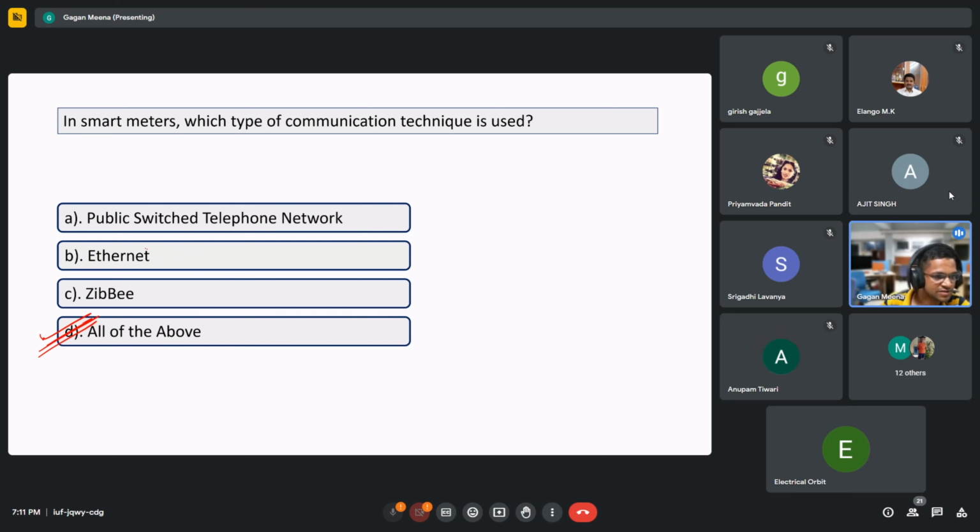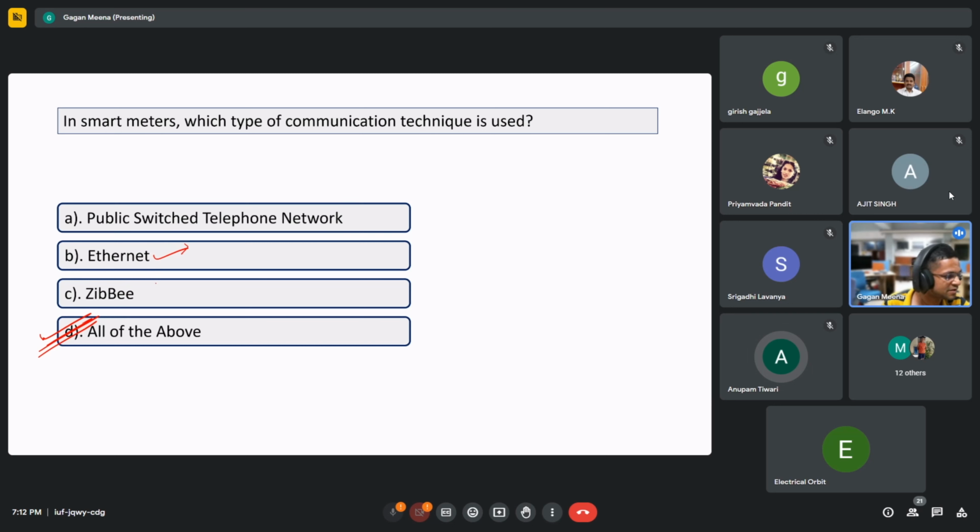So we can use this. Ethernet is a wired communication. Zigbee is wireless. This is also wired. So these two are wired. Earlier we used to use the line which we use for landline phones, and we used to use internet using the same line. Ethernet, this is LAN.